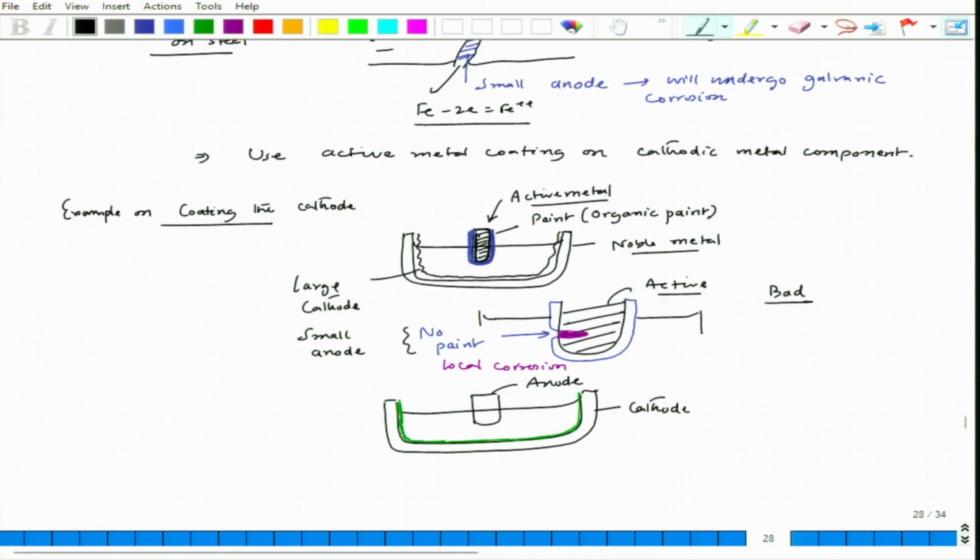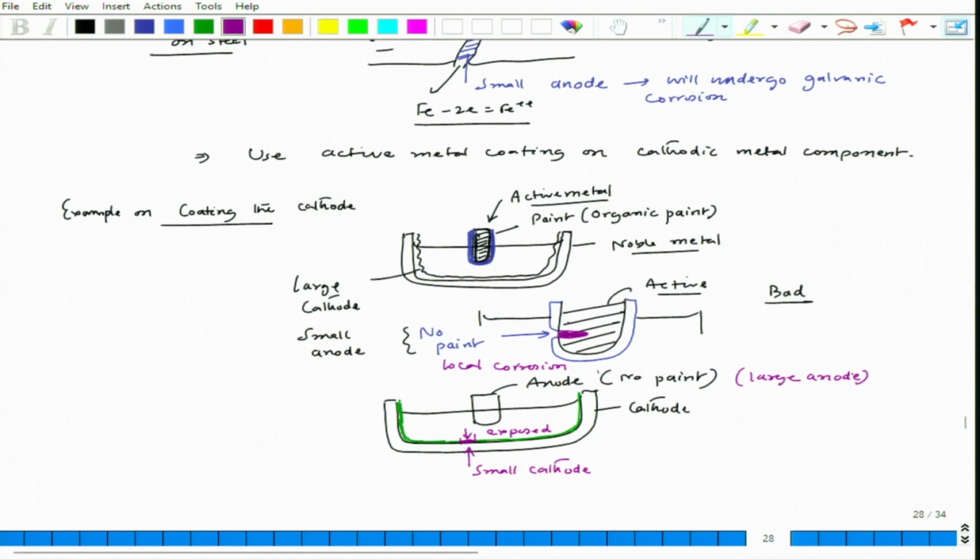Now, even if there is a small peel off in that paint, there is no paint at that spot. So, even if there is a small part which is exposed, let us say this part is exposed, here also if you see, this is a small cathode and here we have a very large anode.